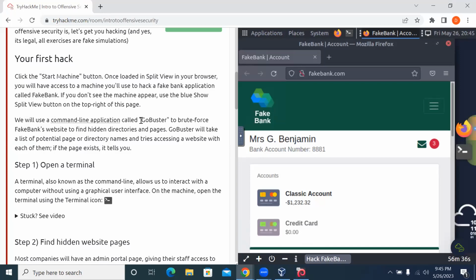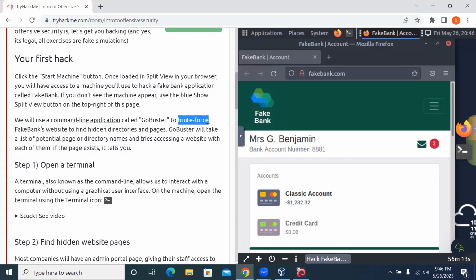So GoBuster, like I told us, is a powerful tool. It can be used for a brute force attack. Those of us that know what a brute force attack is, please know that you can use GoBuster. There are so many of the busters. There's Dirbuster. You can use it also to bust several directories on a website.